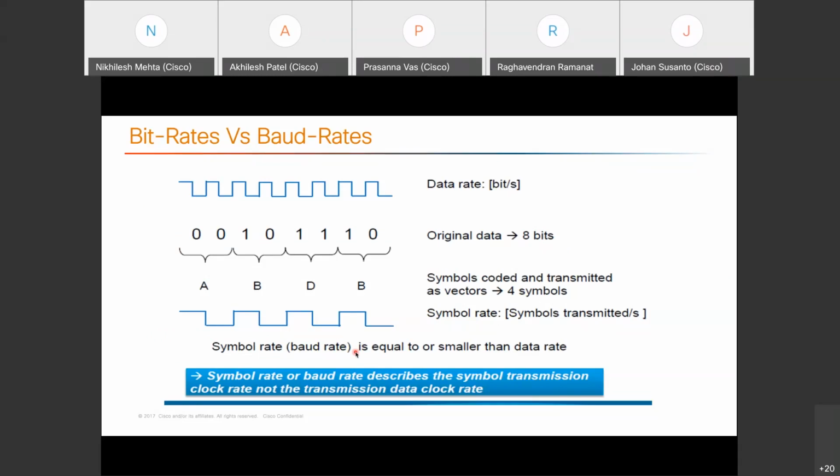And if we send those symbols, it is symbols transmitted per second, and that is nothing but your baud rate. So the key point is that symbol rate or baud rate describes the symbol transmission instead of bits, so it is the symbol clock rate, not the transmission data clock rate. This is the difference between bit rate and baud rate.